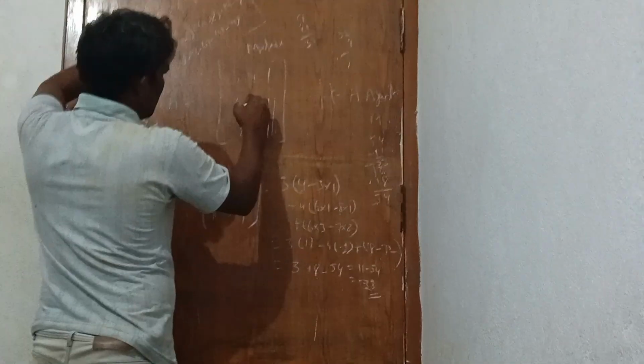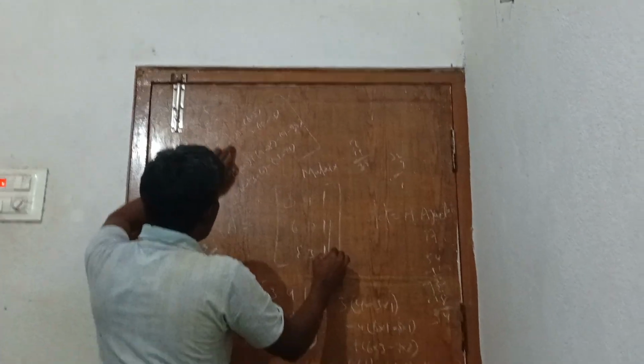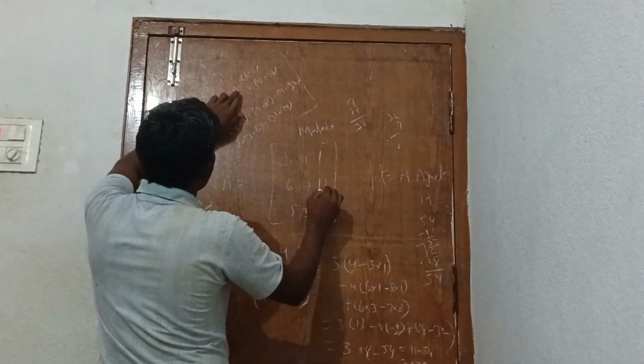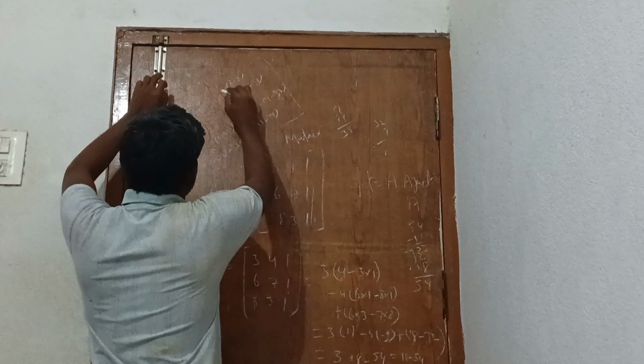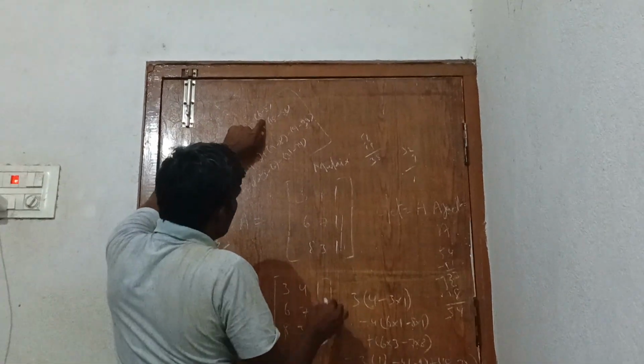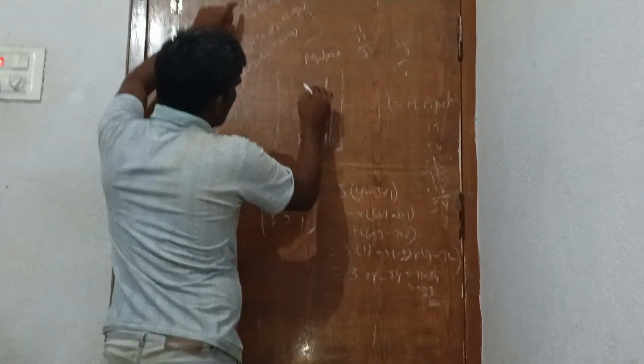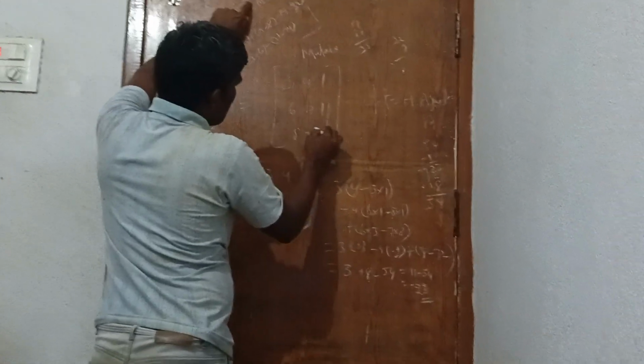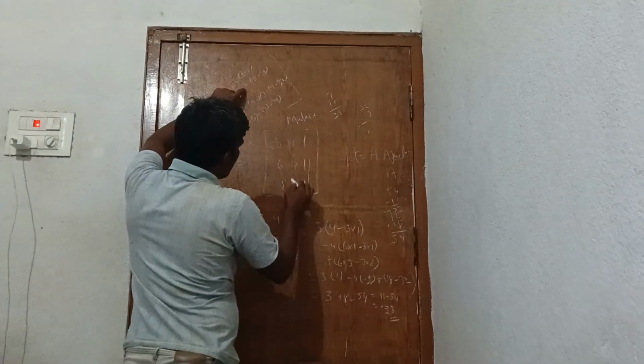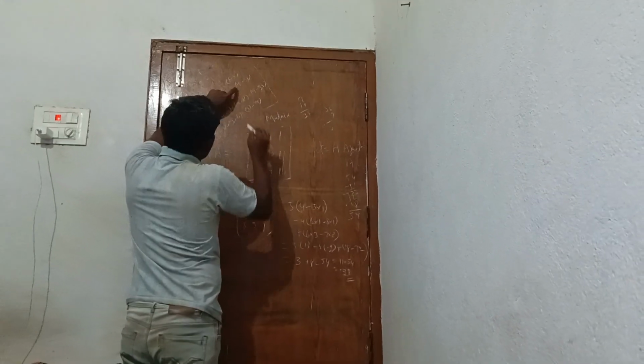This cancel. 7 minus 1 minus 3 into 1 minus 6 into minus 4 into, this cancel. 6 minus 8 plus 1, plus symbol, minus.